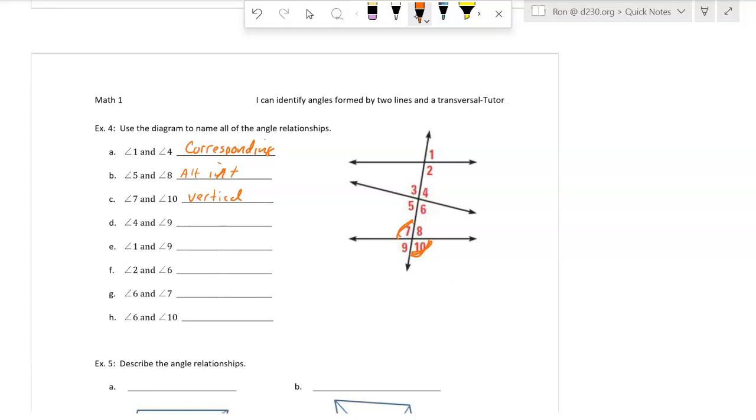4 and 9. So again, for 4 and 9, if I were to ignore this upper part and just focus on the diagram here, notice what I get here, 4 and 9. Here's 4, here's 9. They are on opposite sides of the transversal. This is exterior, that's exterior. Alternate exterior angles.